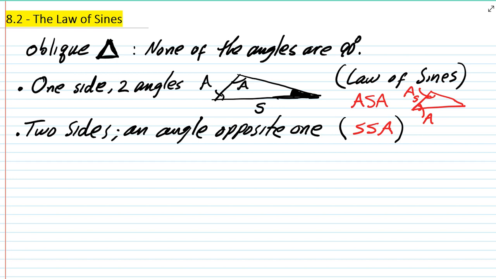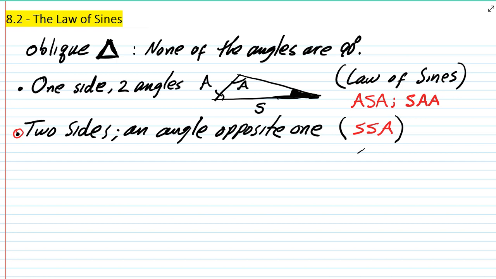Or you have a side and two angles. Again, it doesn't matter whether the other side is adjacent or opposite to one of them. But the latter one, two sides and an angle opposite one, is the ambiguous case.